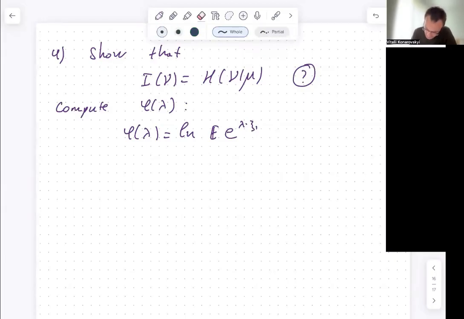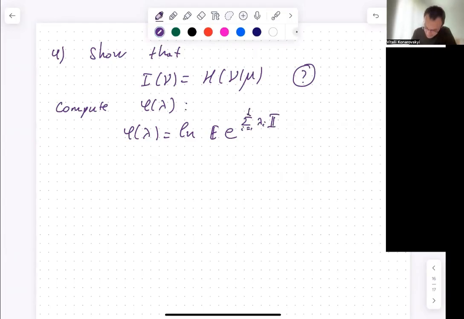Now let's write this inner product. We know precisely how xi is defined. It is the sum from 1 to d of lambda_i times the indicator that X_1 is equal to u_i.